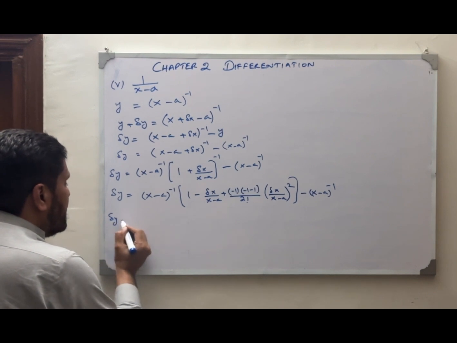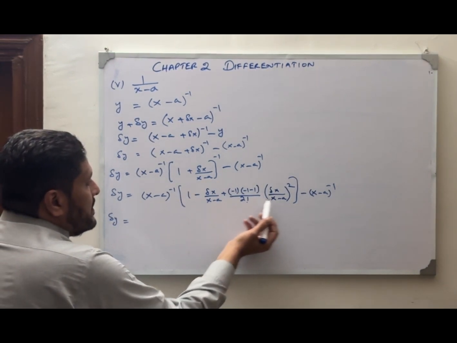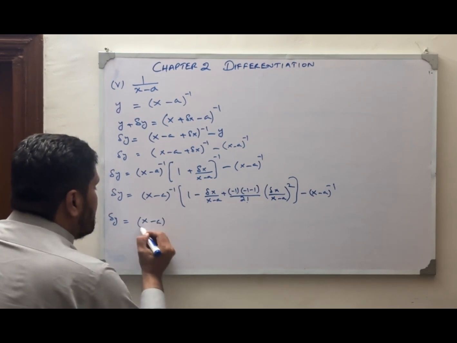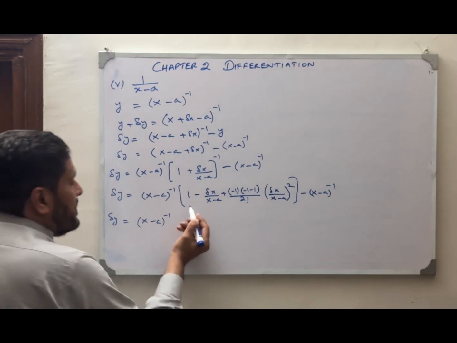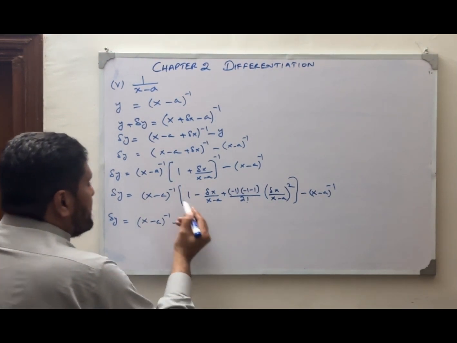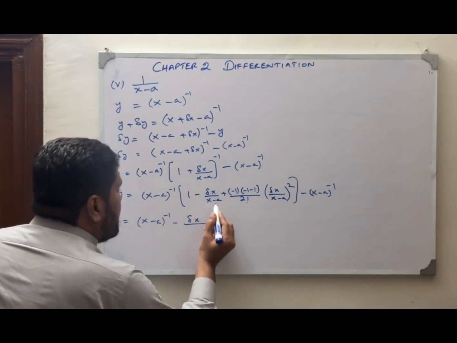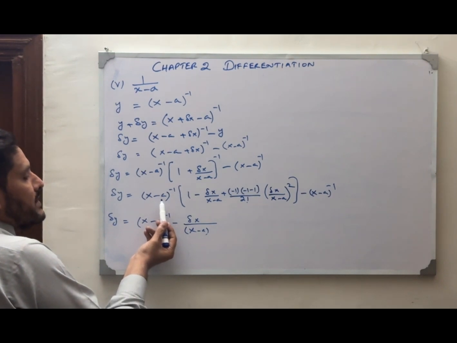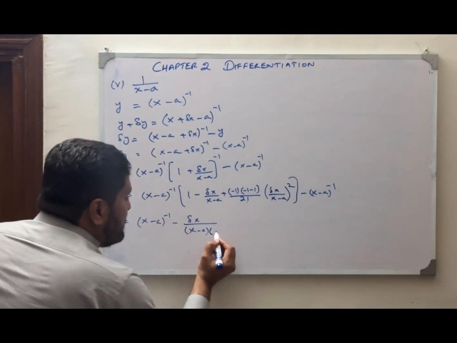So our delta y is equal to, by multiplying this term with this whole expression after expansion, x minus a power minus 1 multiplied by 1. Then minus delta x divided by x minus a, and we can write this term as x minus a power minus 1. In the denominator, this will become x minus a power 1.